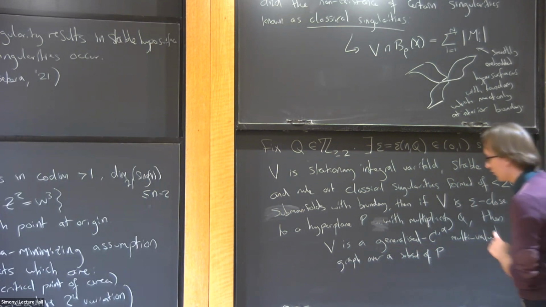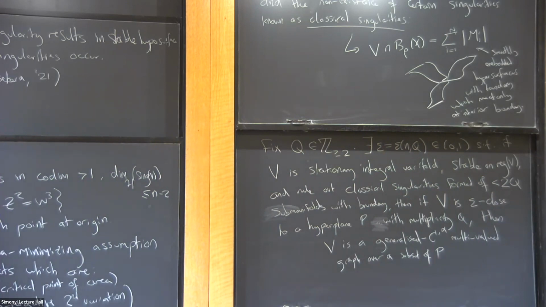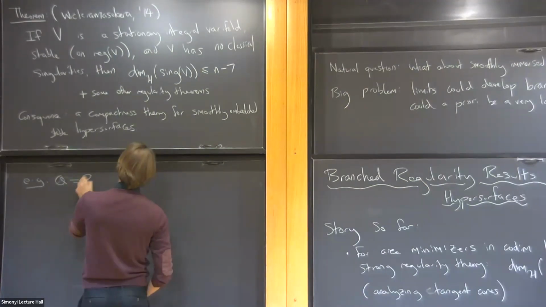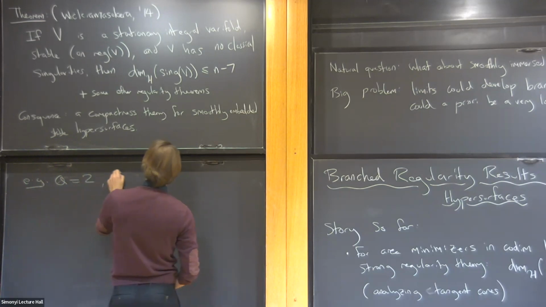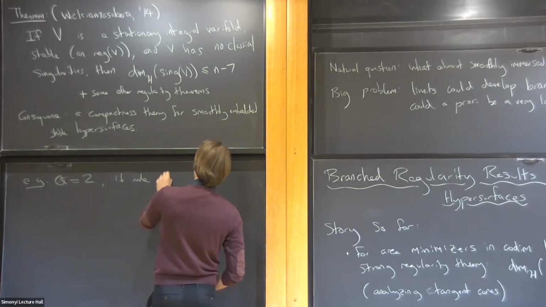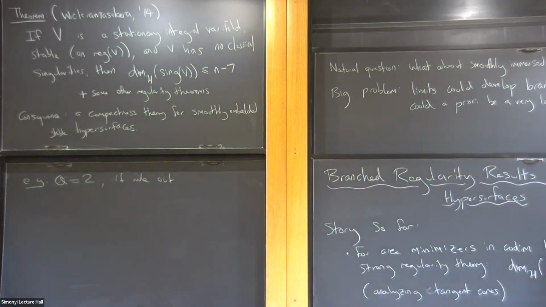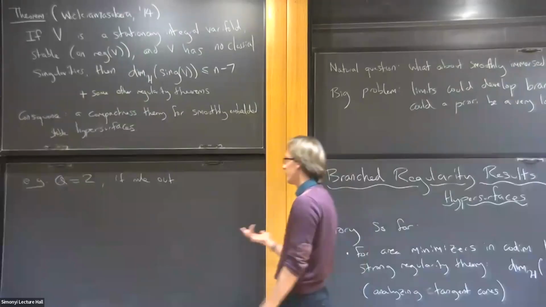So maybe a special case is informative. In the case Q is 2, we're basically saying that if you rule out classical singularities formed of fewer than 4, so the only case you can have is actually 3.